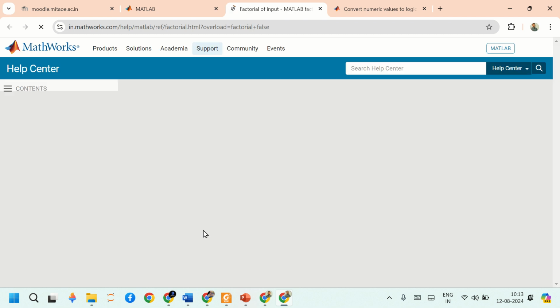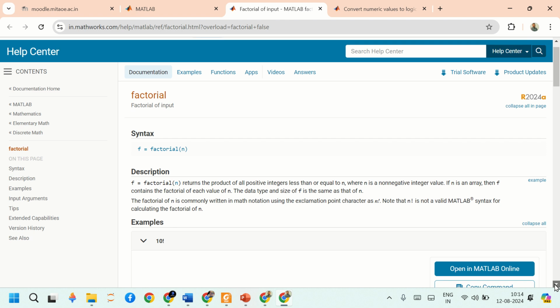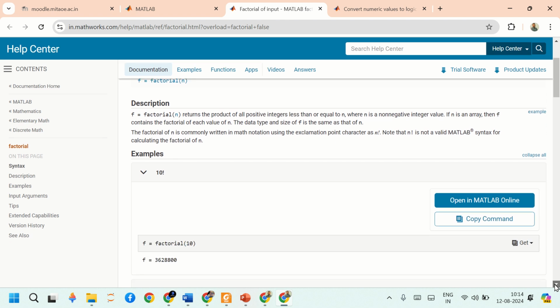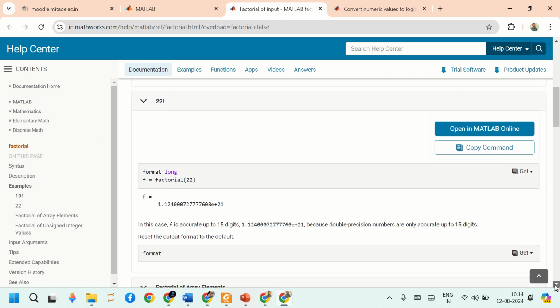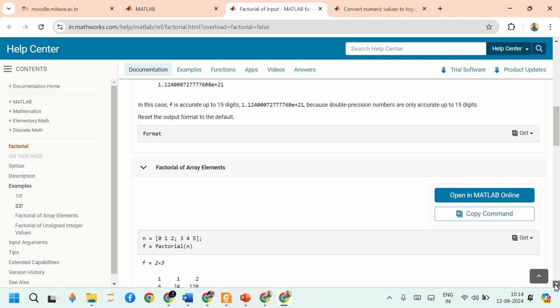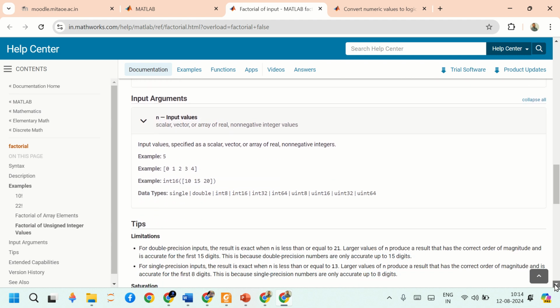It will open the help documentation and you can see the syntax here. F is equal to factorial n, where n is nothing but the number you want to find the factorial for. So here you will get all the documentation related to that particular built-in function.